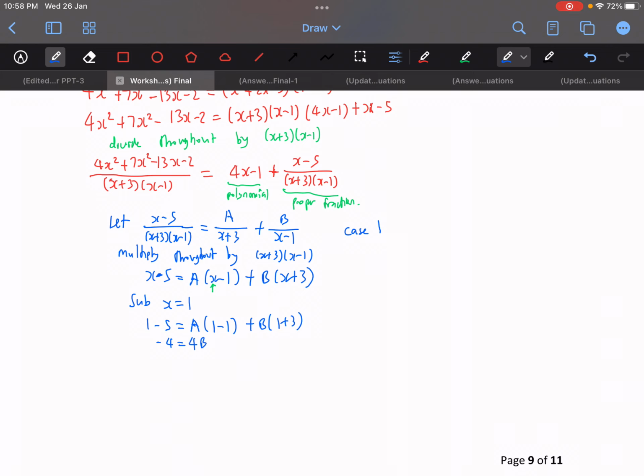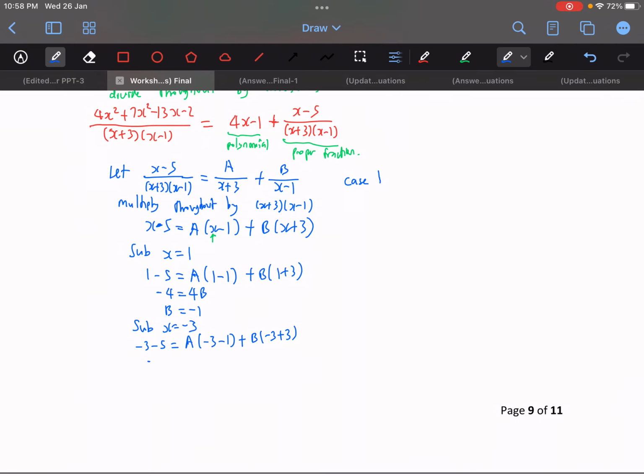So we know b is going to be equal to negative 1. Now for the other one, we sub x equals negative 3. Same thing: negative 3 minus 5 equals a times negative 3 minus 1 plus b times negative 3 plus 3. So you're going to get negative 8 equals negative 4a, and so a is going to be 2.